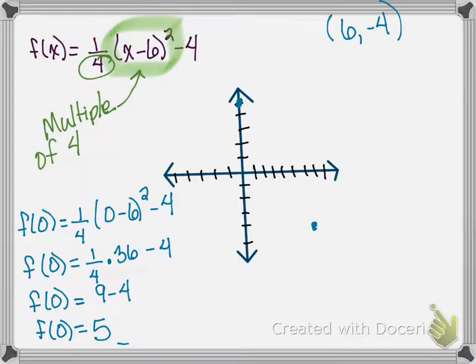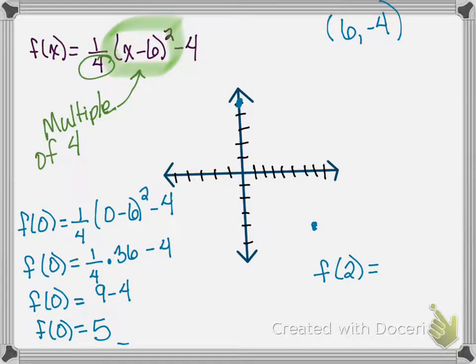Now, I could also do probably the number 2, or I could plug in 4. So let's go ahead and do f of 4. No, let's do f of 2. I changed my mind. I can't keep up.